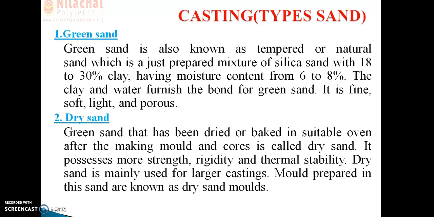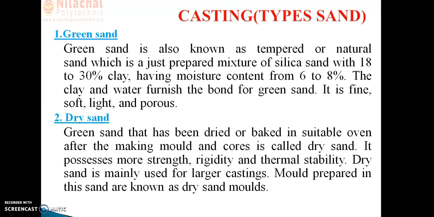Then we discuss the next one, named dry sand. Green sand that has been dried or baked in a suitable oven after making molds and cores is called dry sand. That means when the moisture of the green sand is removed by baking or drying in the sun, that mold is named dry sand.